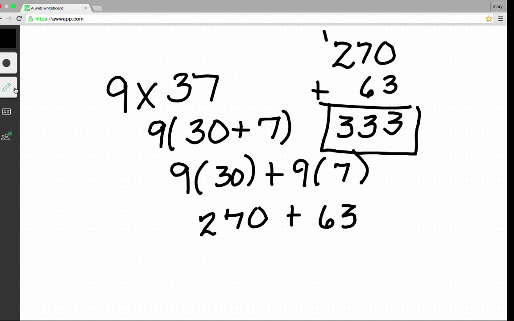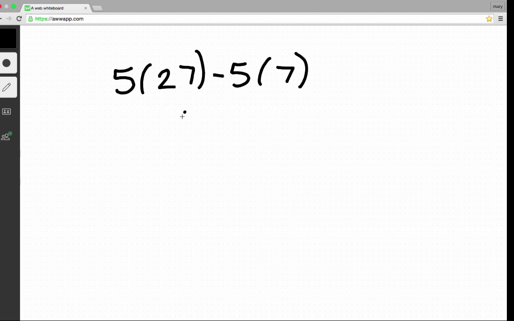And we have one more that we're going to look at. 5 times 27 minus 5 times 7. So here we go. 27. Subtract right here 7.